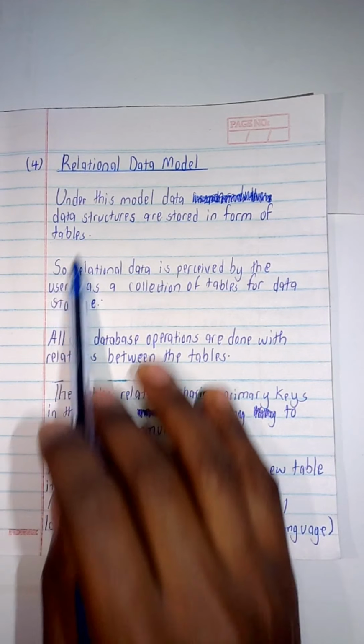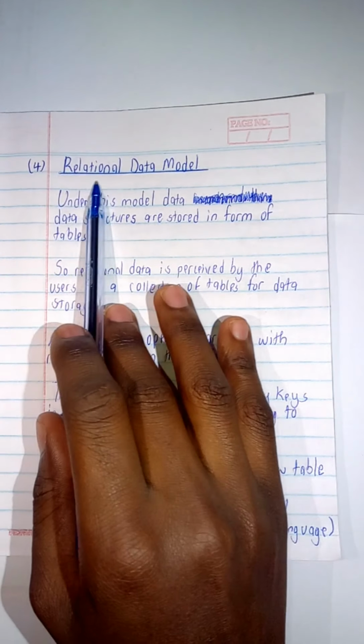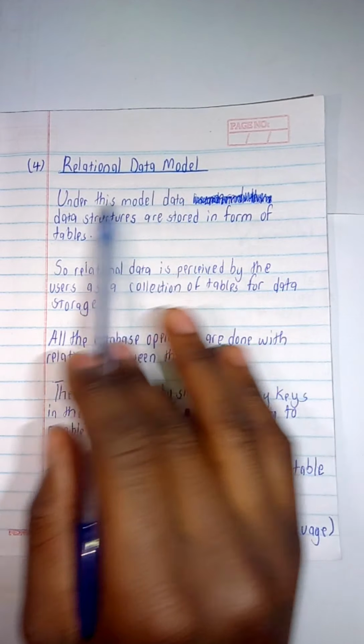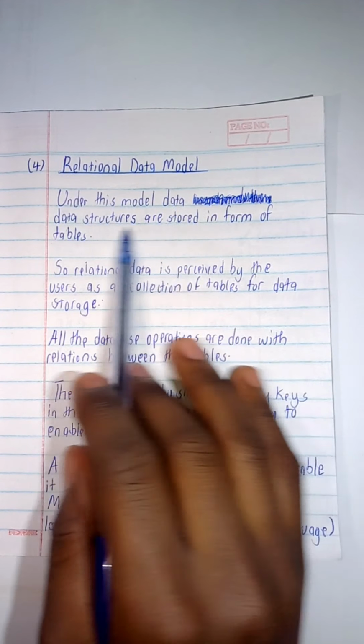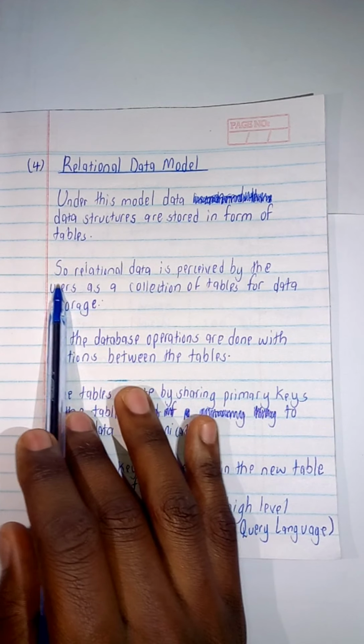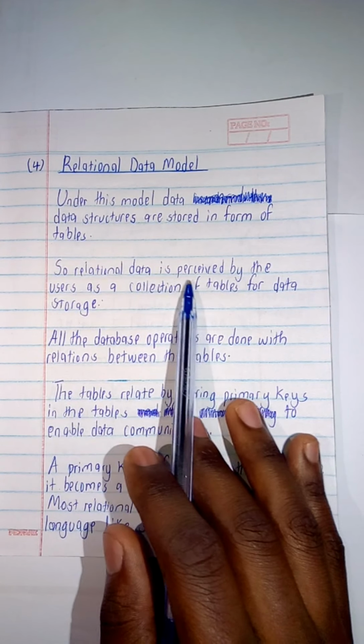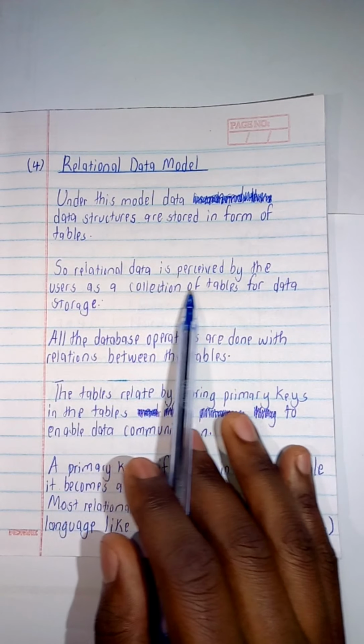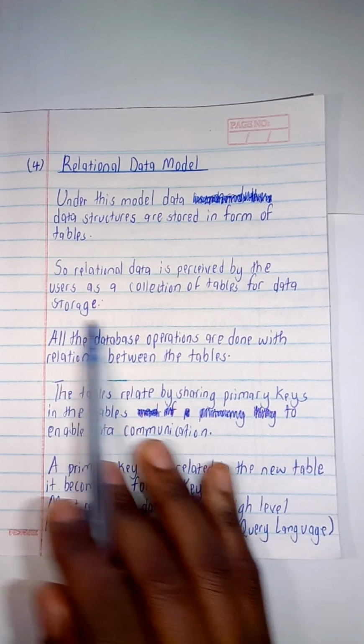Now looking at the fourth model, which is the relational data model. Under this model, data structures are stored in the form of tables. Relational data is perceived by the users as a collection of tables for data storage.